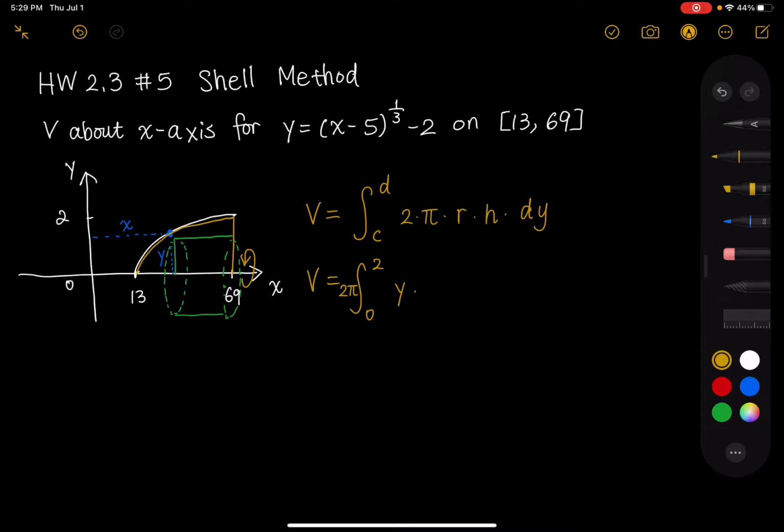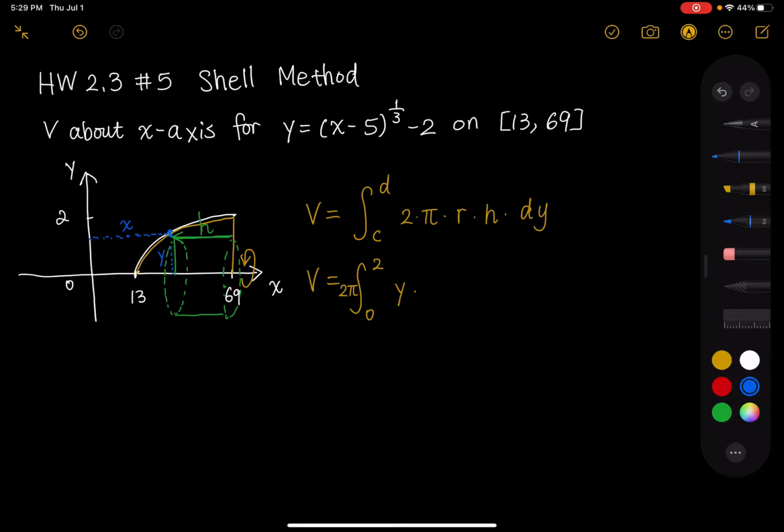Now what is the height? The formula in the textbook is g of y, but what is it? We have to represent the height using y, right? So the height is right here. Do we have a formula for this line? Not really, but what do we have? We have a formula for this line from the y-axis to the point, x.